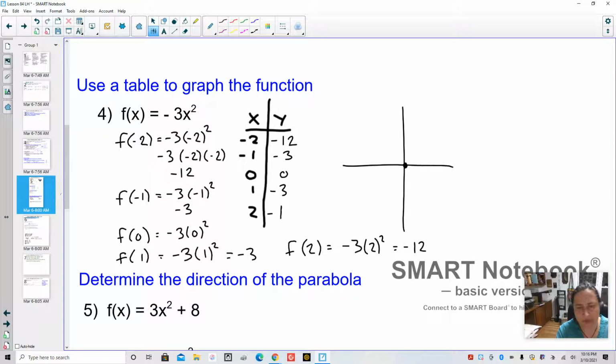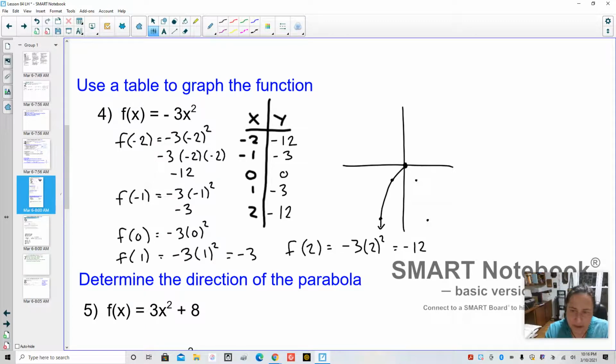Notice that we have some repeats here because it's going to curve back down. So negative 2, negative 12 is going to be way down here. Negative 1, negative 3 is going to be here. This is going to be a mirror image, positive 1, negative 3, and a mirror image, positive 2, negative 12.